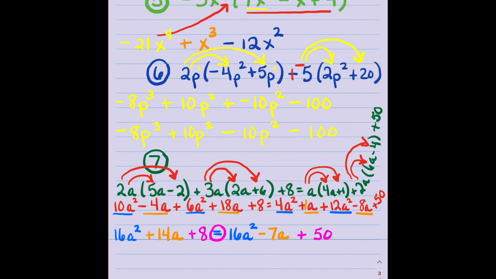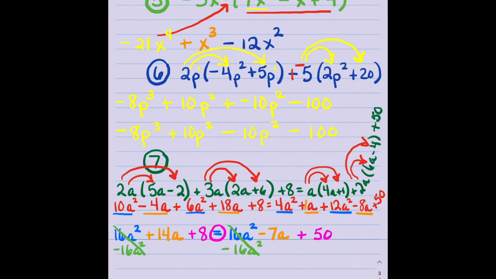And so what's going to happen here now is that I can subtract 16a squared from both sides. It just happens to be what's on both sides. So when I subtract it here, it cancels to 0. And when I subtract it here, it cancels to 0.